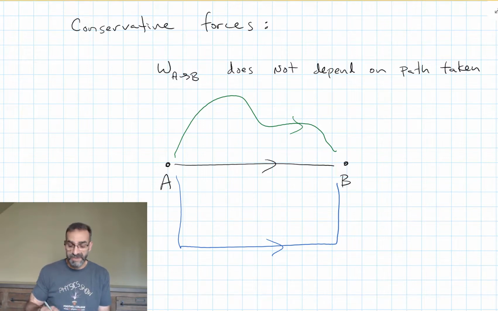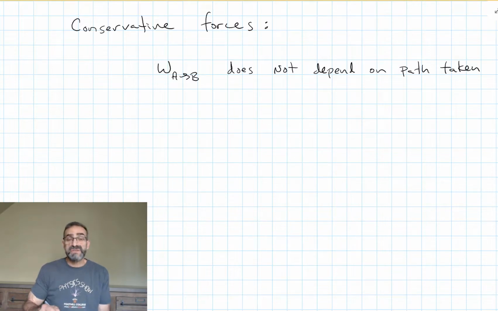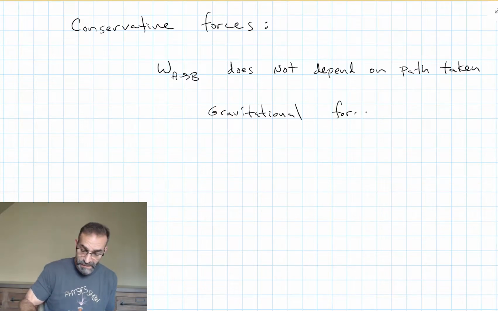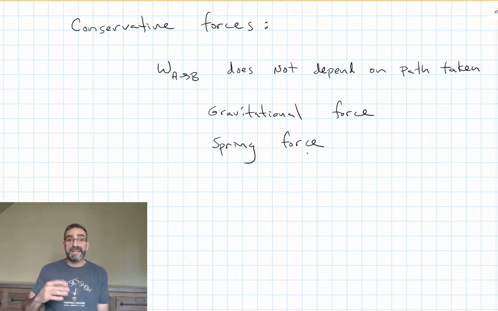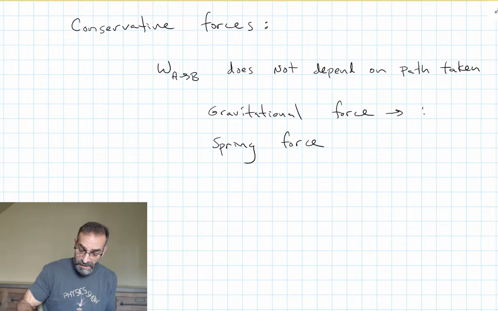That's a non-conservative force. Which forces were conservative from our mechanics class? The gravitational force and the spring force. There were only two in mechanics, gravitational force and spring force. Every time we had a conservative force, we came up with a potential energy term, right?